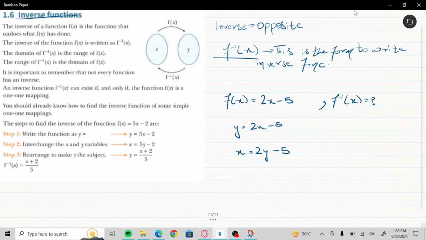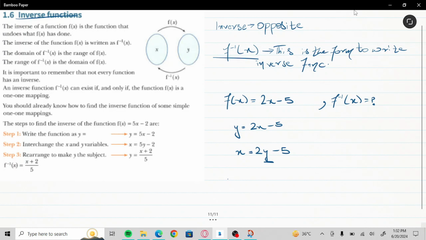What we now need is to make y the subject. So step 1: write y is equal to f(x), so y is equal to 2x minus 5. Step 2: change the x and y values by switching them. Step 3: rearrange the whole equation so that y becomes the subject.